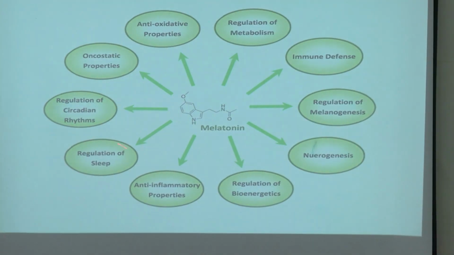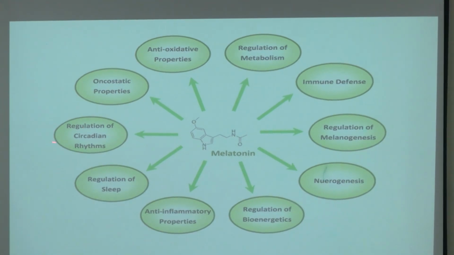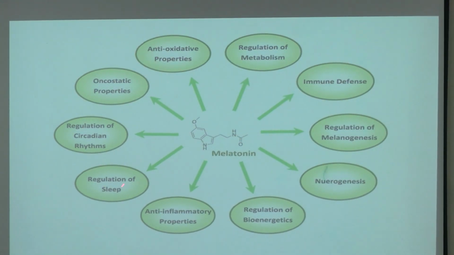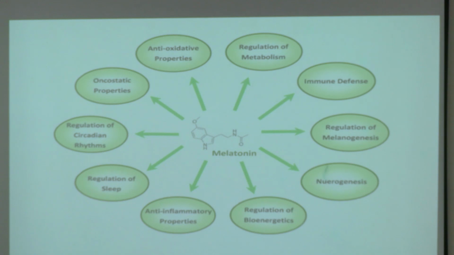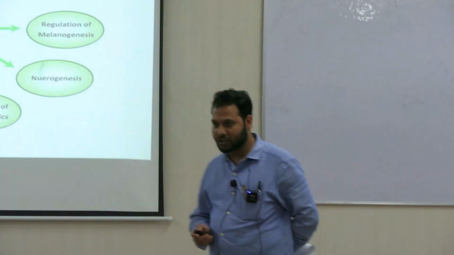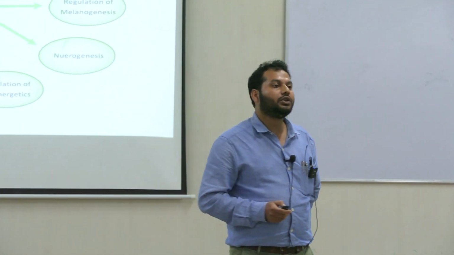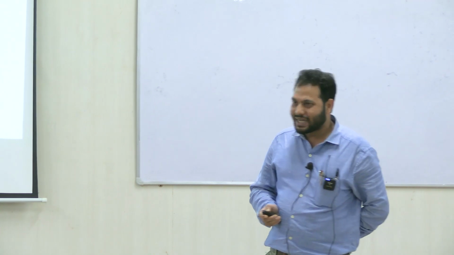The most important are the regulation of circadian rhythm and the regulation of sleep. These two are the most important parts. Other than this, it is not only involved with the regulation of circadian rhythm and the sleep-wake cycle.